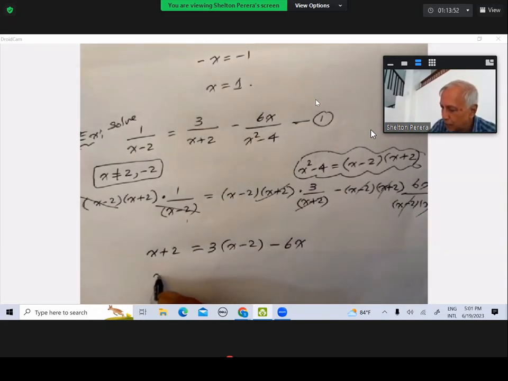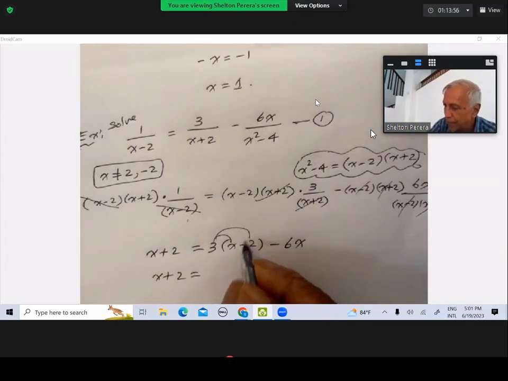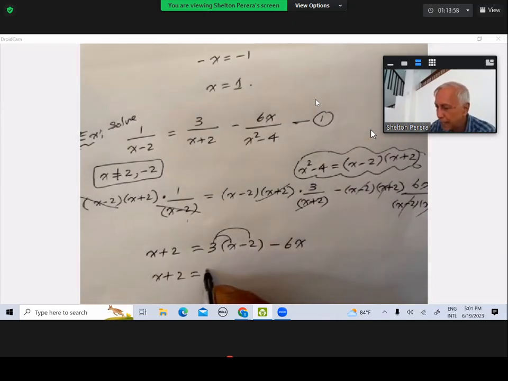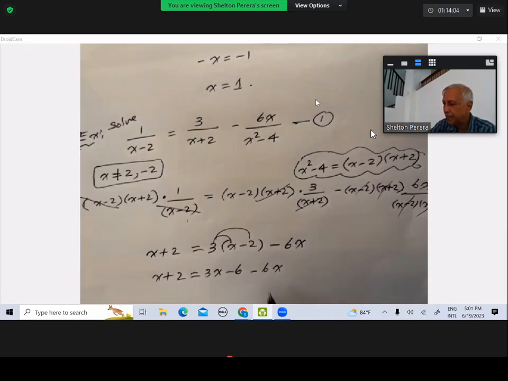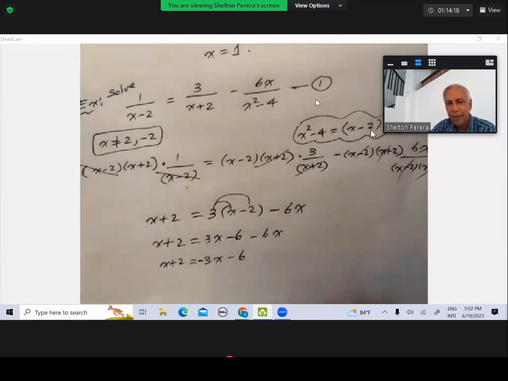So x plus 2, next line, 3x, you have to multiply, distributive property. 3x minus 6 minus 6x. What happens? X plus 2 equals 3x here, minus 3x minus 6.